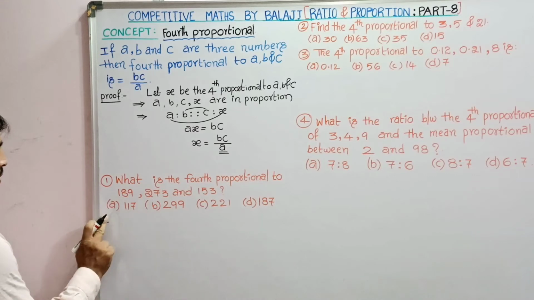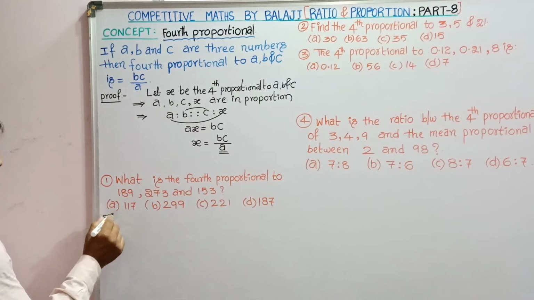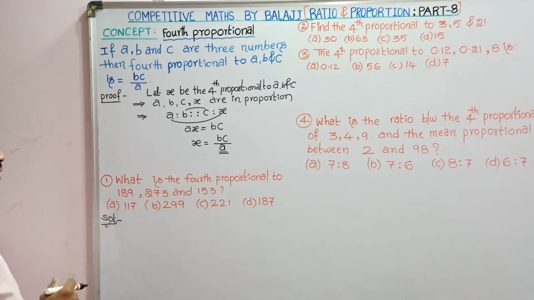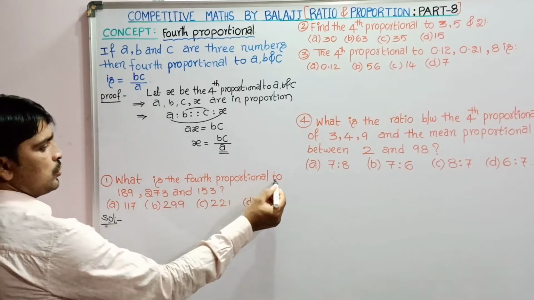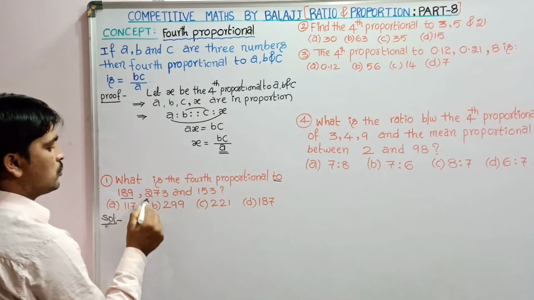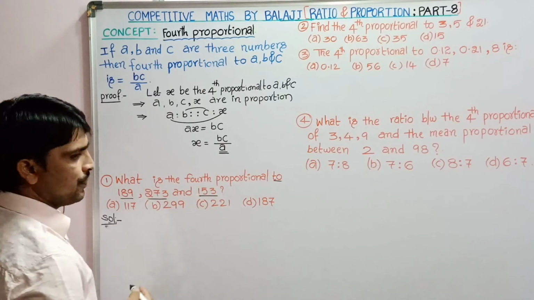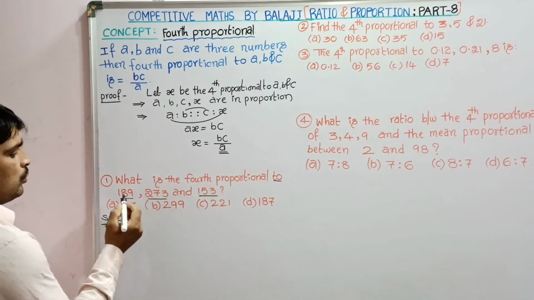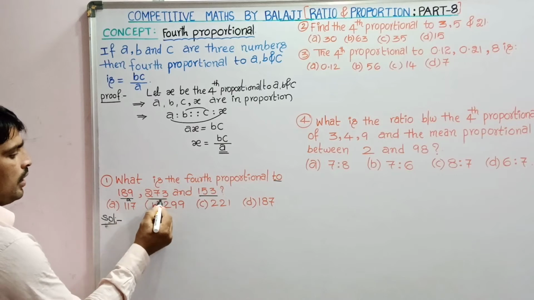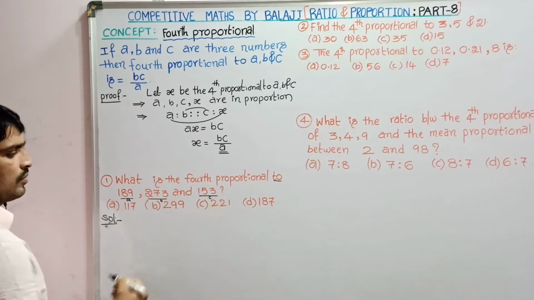Example, first question. What is the fourth proportional to 189, 273 and 153? Let them be a, b and c.